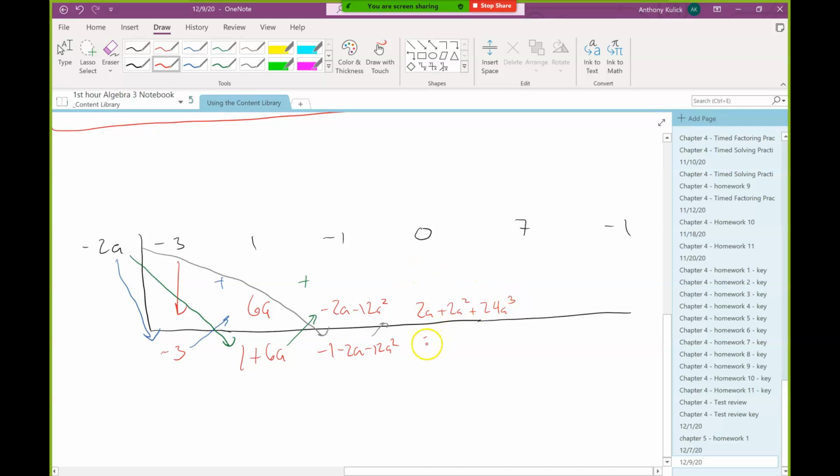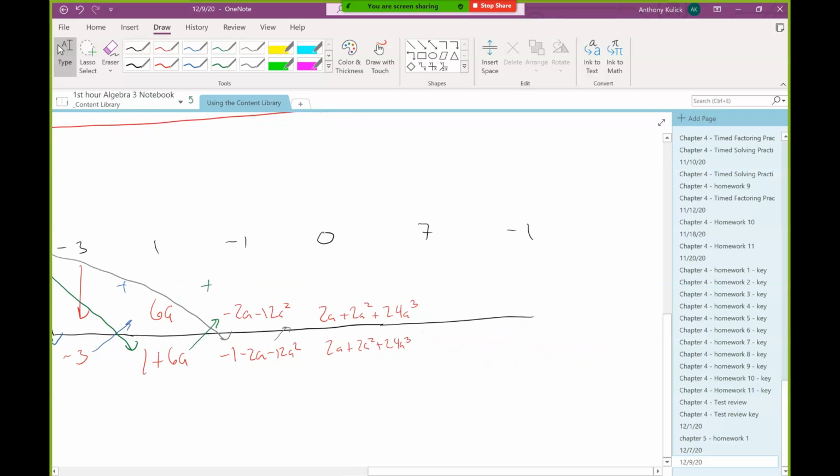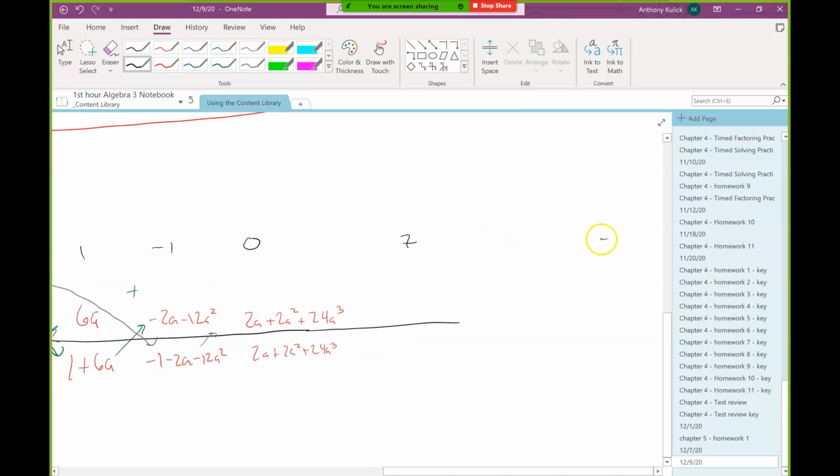And then when we add down, adding to 0 doesn't do anything. We need to make a little bit more space here. I'm running out, so I multiply by negative 2a again.